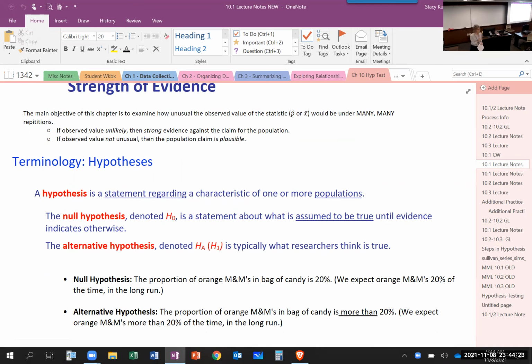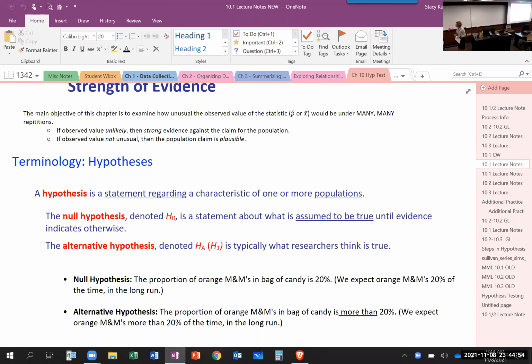In other words, how unusual is our sample statistic, the one we would create using our experiment or simulation, right? How unusual is that statistic compared to what we think the population's value is supposed to be? So we are estimating this strength of evidence. How unusual is it? And we've used that language since we've been talking about the empirical rule back in chapter 3, I think, or 2 maybe even. So that's the premise behind this.